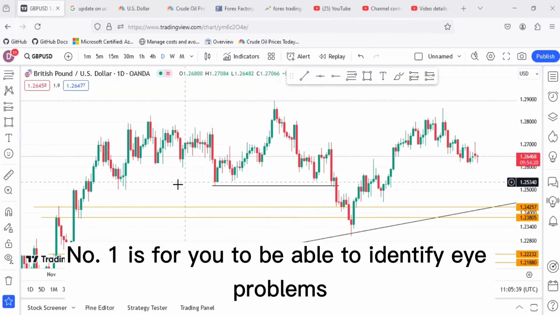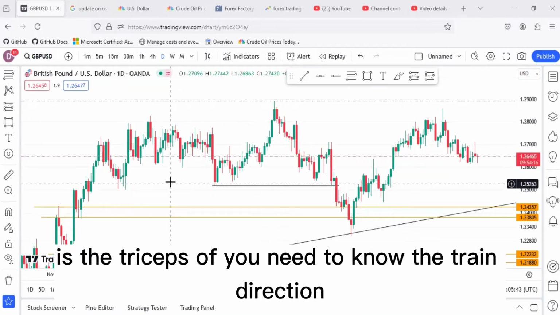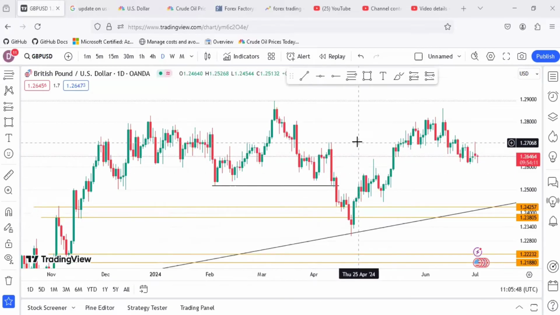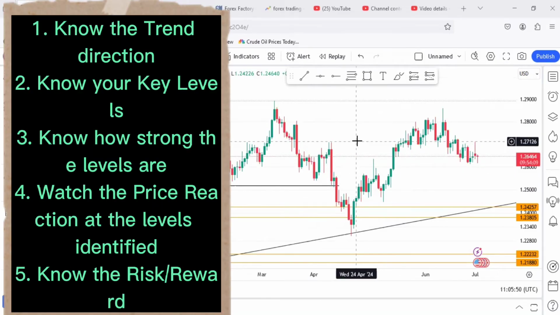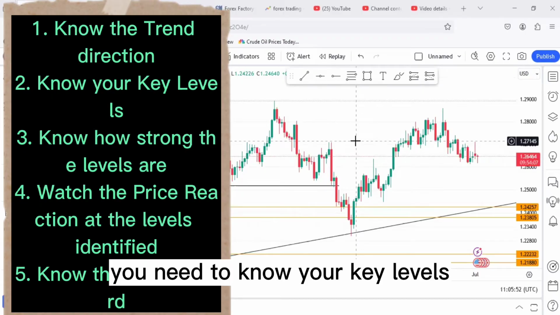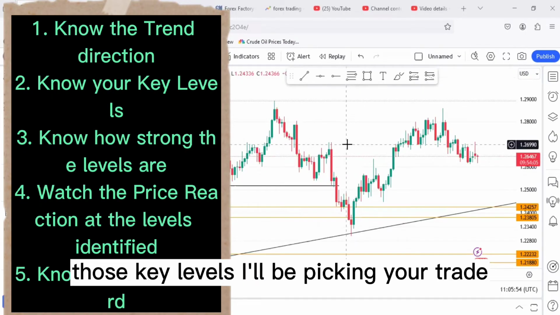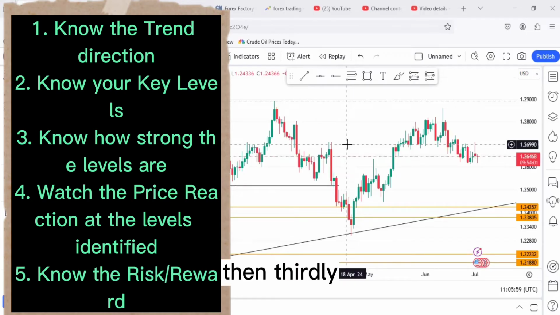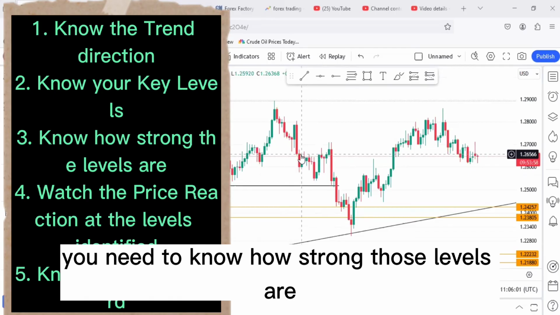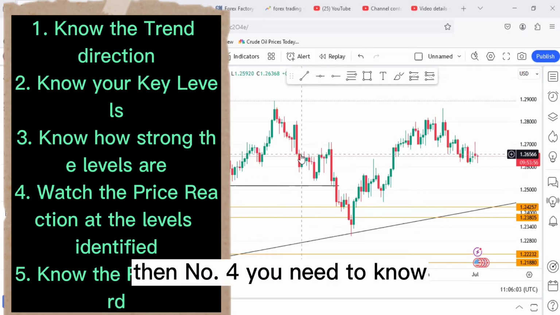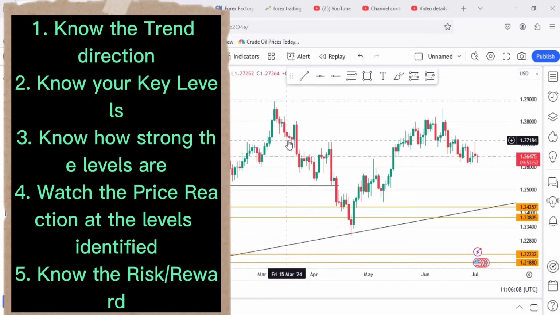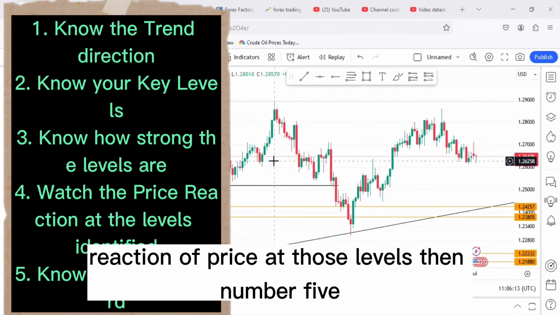Number one is, for you to be able to identify a high probability trade setup, you need to know the trend direction. Then secondly, you need to know your key levels, because it is at those key levels that you'll be picking your trade. Then thirdly, you need to know how strong those levels are. Then number 4, you need to watch the reaction of price at those levels.